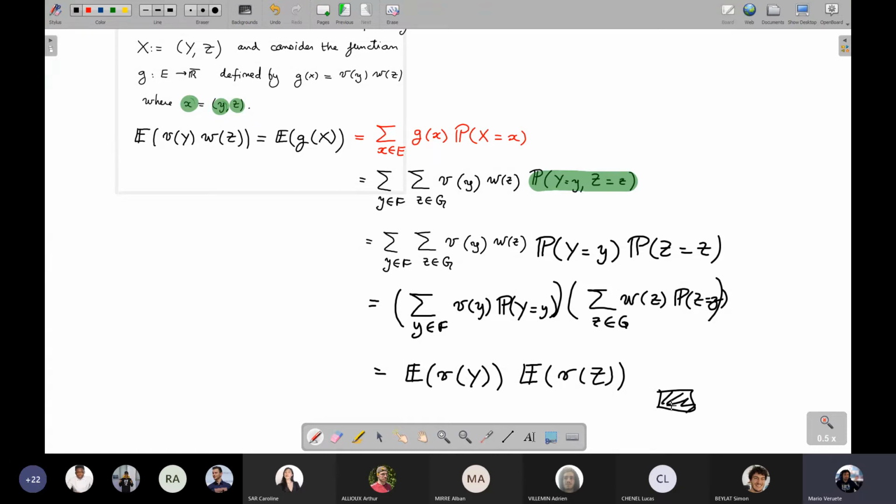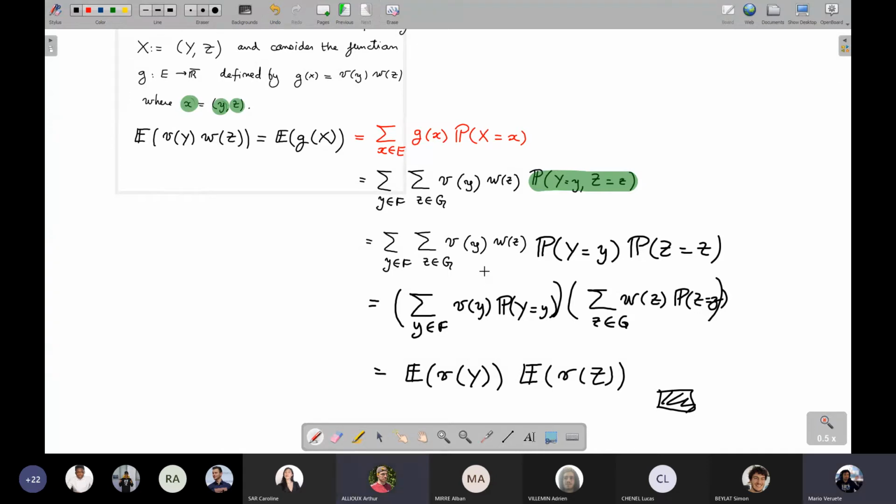Any question? Yes. To go from the second line to the third, do you have to prove that y and z are independent? Yes.